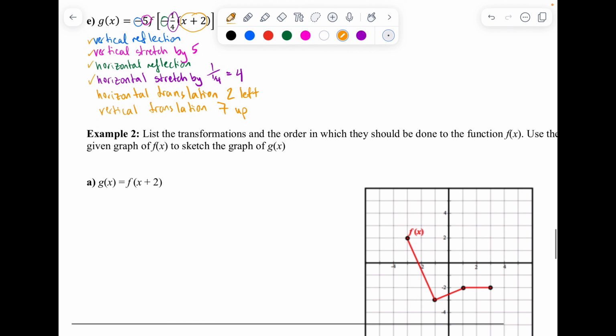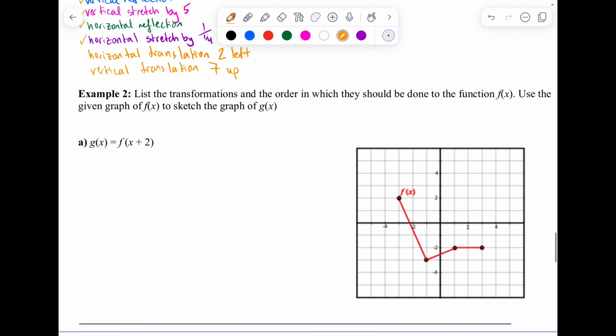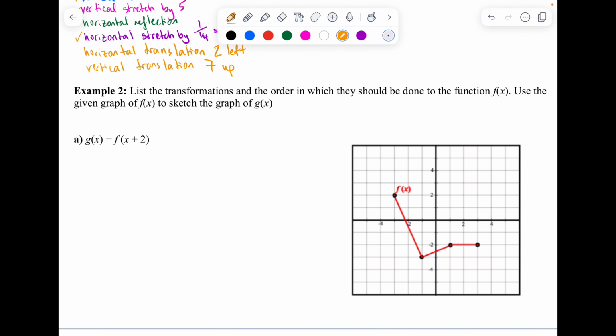We're actually going to take a function and do something to it. We want to list the transformations and use the graph to sketch the new graph. So this is the graph of f of x. We want to sketch g of x where it's f of x plus 2. Well, there's no multiplying, so there's no stretches or compressions, but there is plus 2.